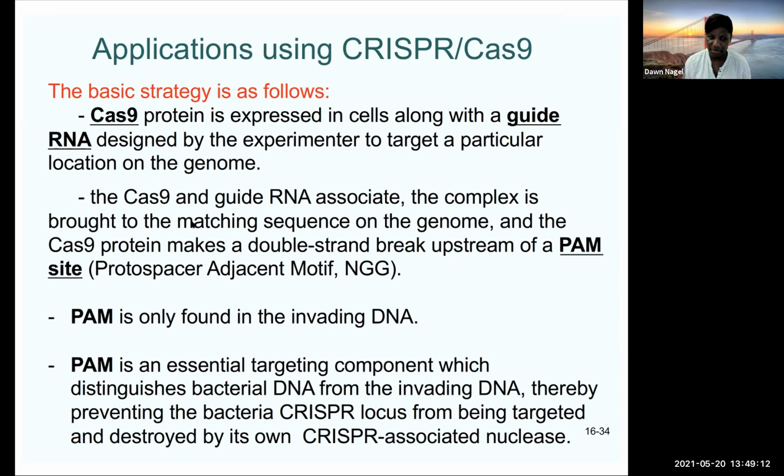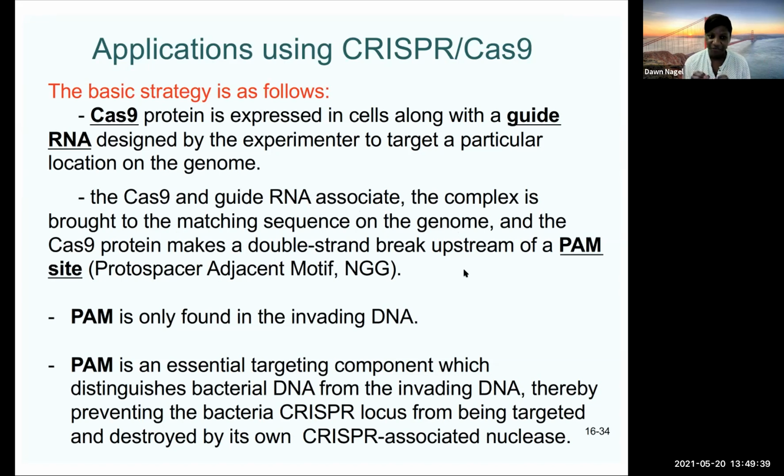You assemble this in a test tube in your lab, doing PCR, etc., and then you put it into the genome. This Cas9 and RNA protein will then find that target where that RNA is similar, and cleave that target.